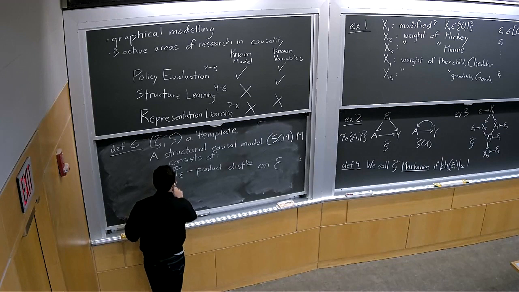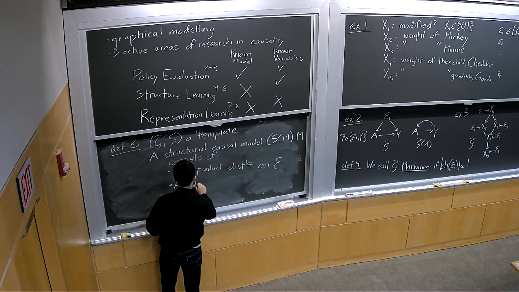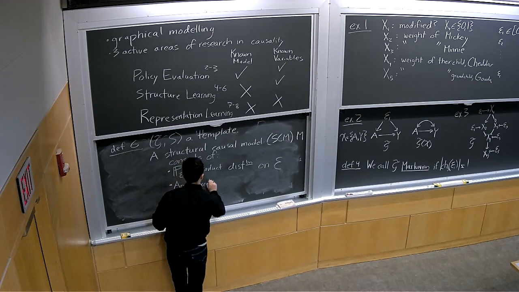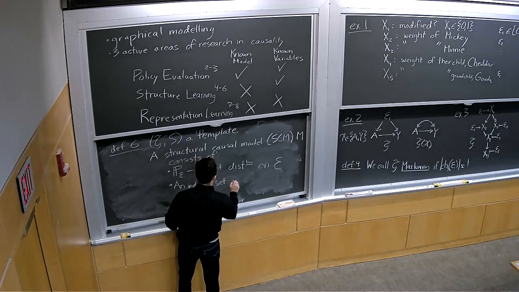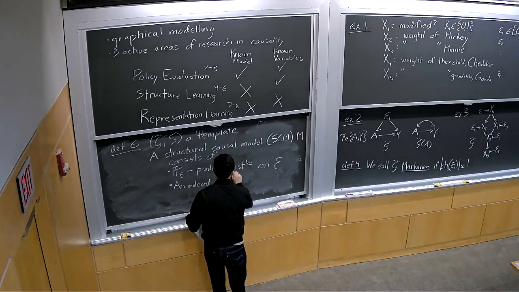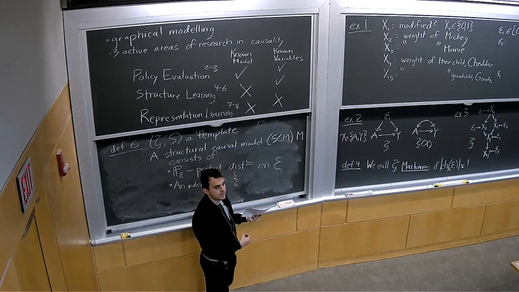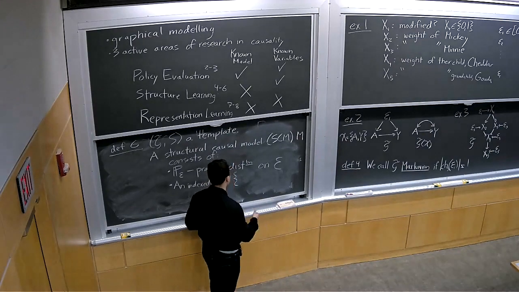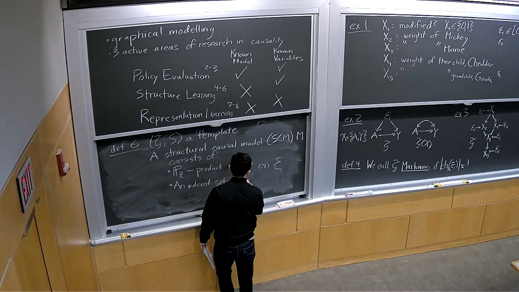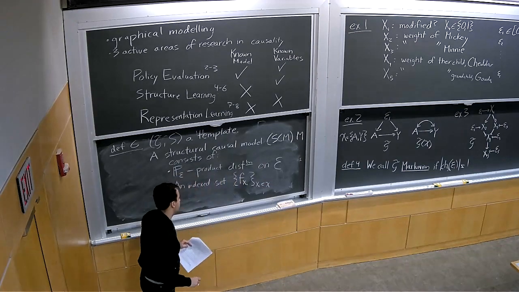And then we're going to have an indexed set. If you're coming from Python, maybe this is like a fancy way to say a dictionary. So this is just a set where I'm keeping track of each of the elements in the set, which index it corresponds to. This is basically going to be our causal mechanisms. So f of xi for each xi in my set of endogenous variables.